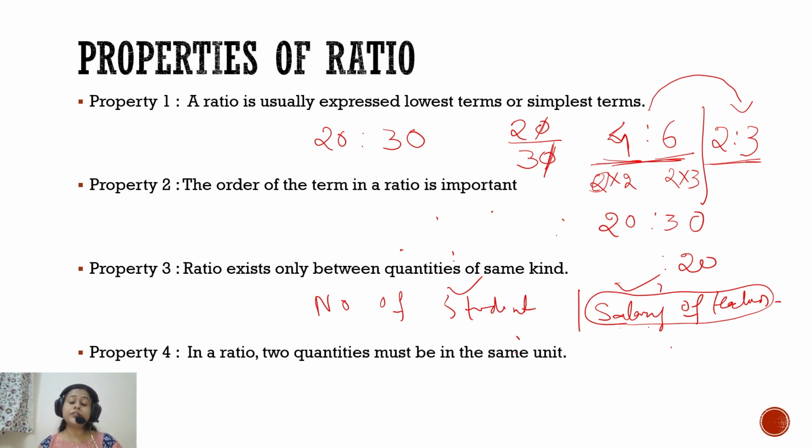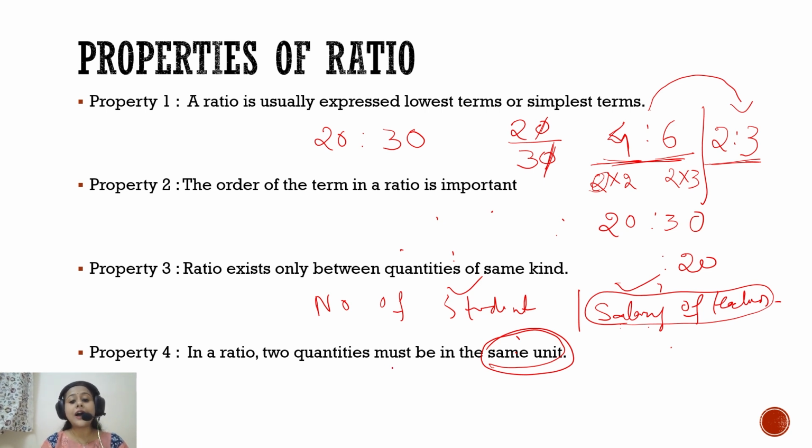The fourth, very important property, and the most important property of ratio, is that in a ratio, the two quantities must be in the same unit. What does that mean? Suppose I have bought some quantity of rice, and my friend has also bought some quantity of rice. Both are rice, so we can have a ratio.